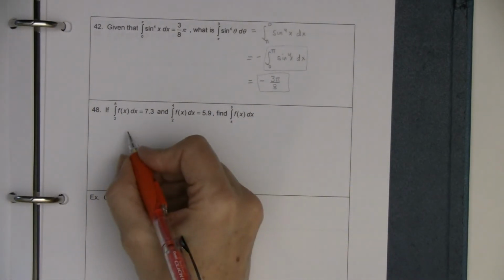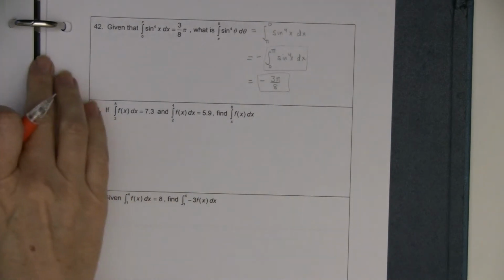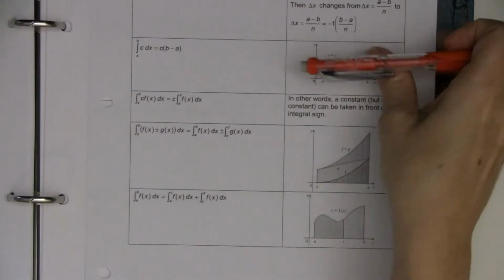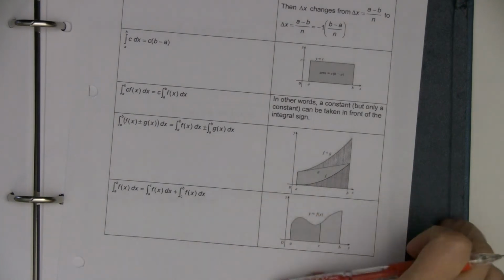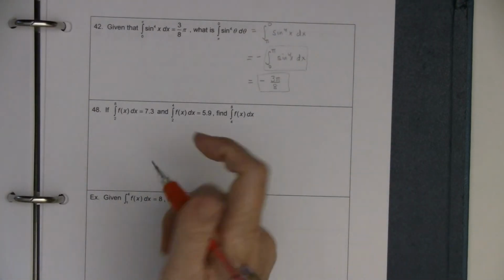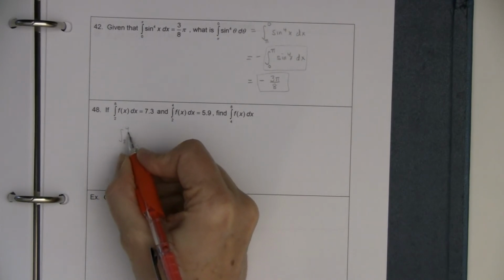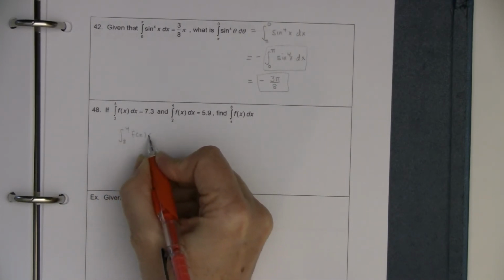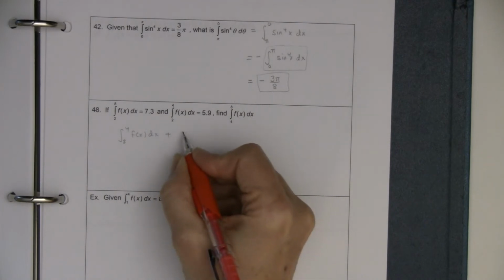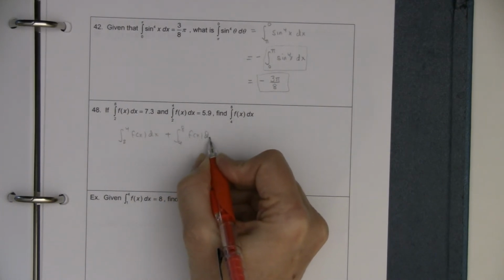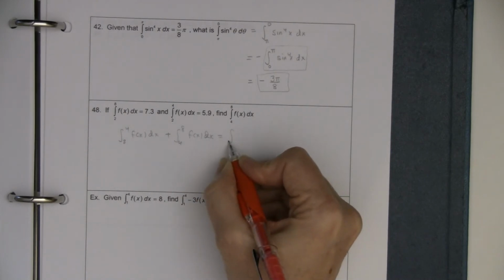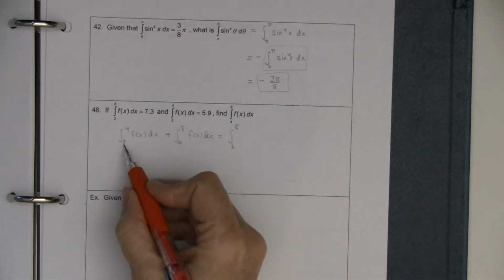And so using this last property here, I can say that the integral from 2 to 4 of f of x dx plus the integral from 4 to 8 of f of x dx equals the integral from 2 to 8 of f of x dx.